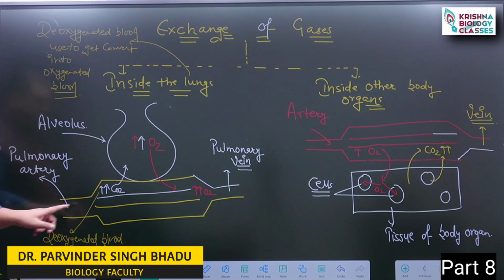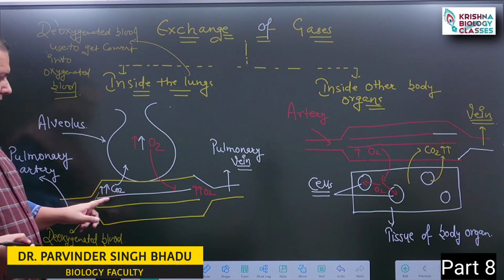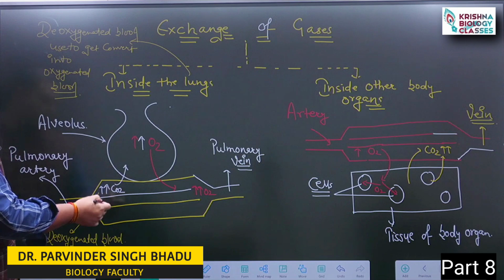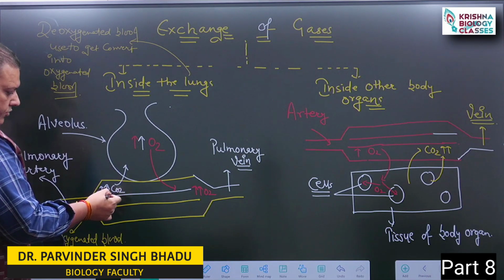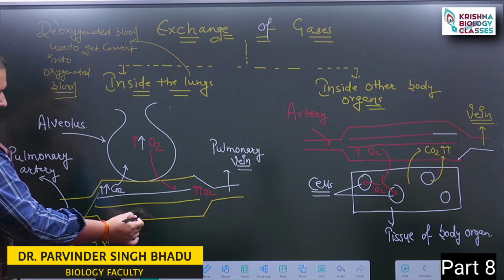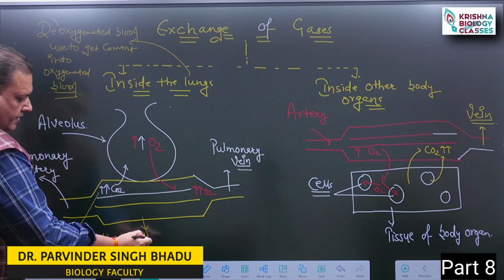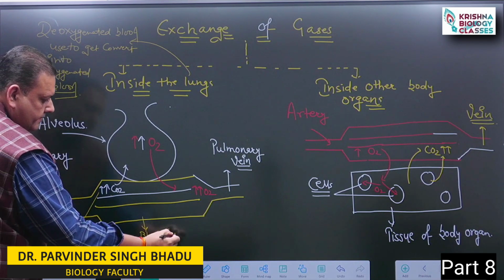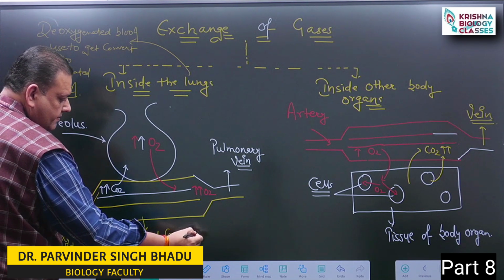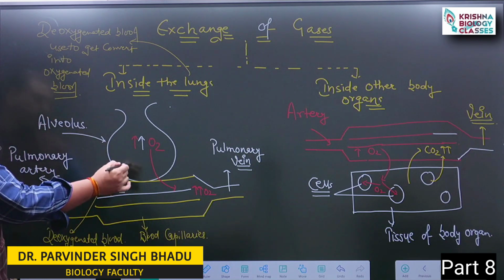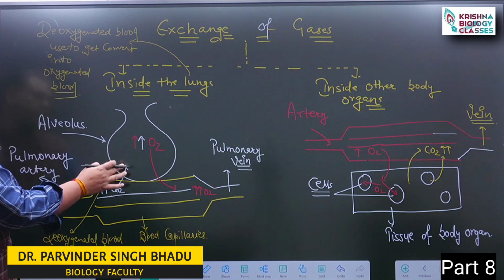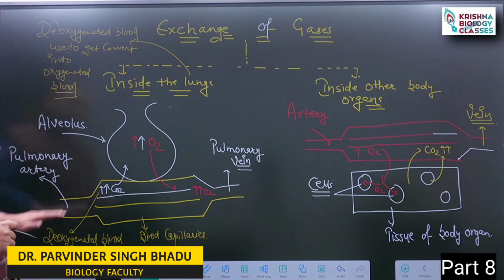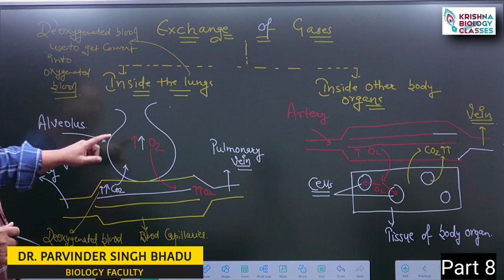The blood enters the lungs with the help of the pulmonary artery, which brings the deoxygenated blood. Since the amount of CO2 is higher in these blood capillaries, the CO2 starts to move from the blood capillaries towards the alveolus.